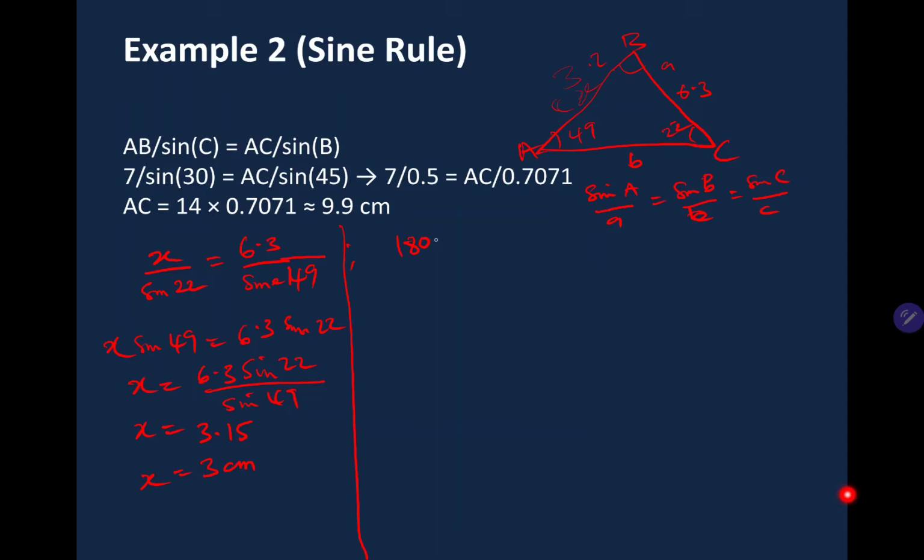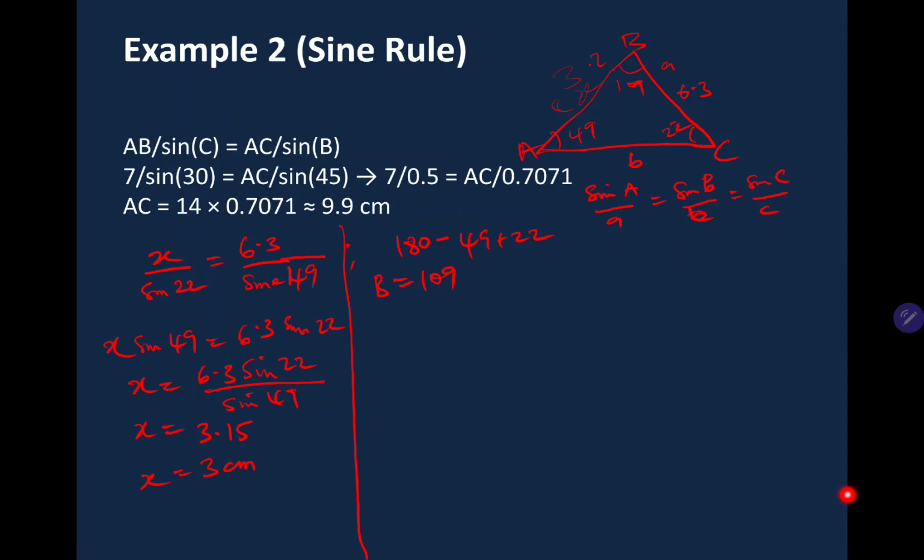So we say 180 minus 49 plus 22. And angle B will be equal to what? 109. So angle B is equal to 109. So we put 109 here.